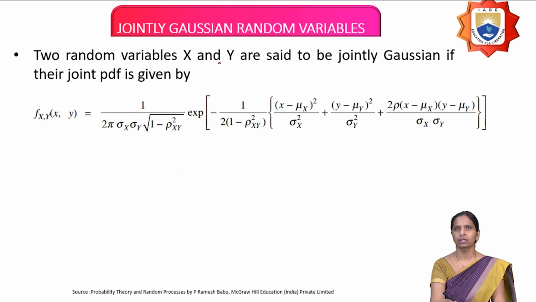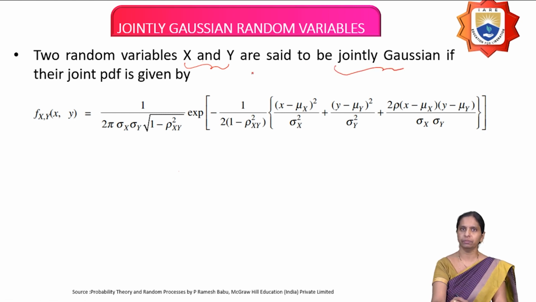Now if you consider x and y as two random variables, then these two random variables x and y are said to be jointly Gaussian if they have the joint probability density function.